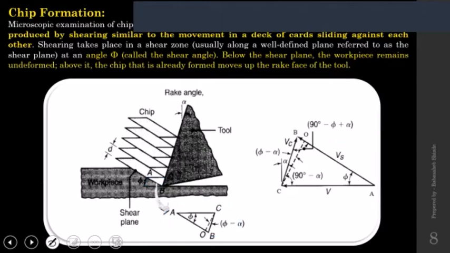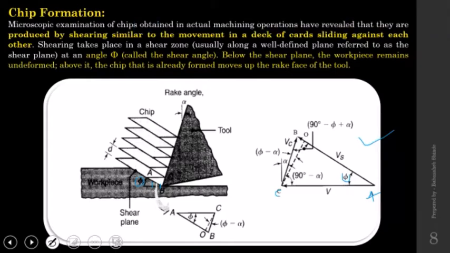So in this triangle, let's consider this one. This is inclination phi. Suppose this point is point A, this is point C, this is point B. Those are the corner points for the triangle ABC.